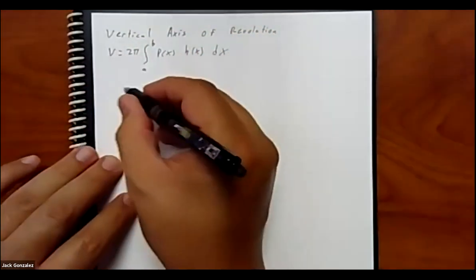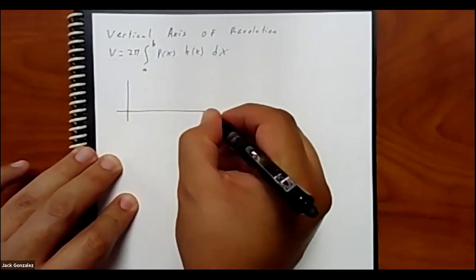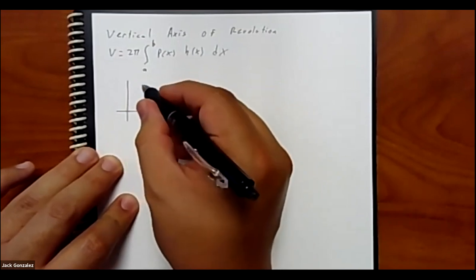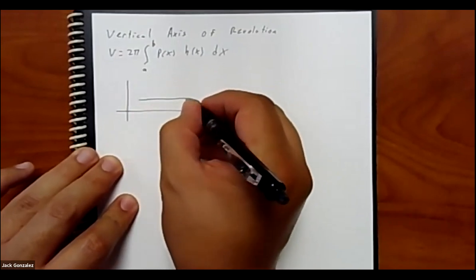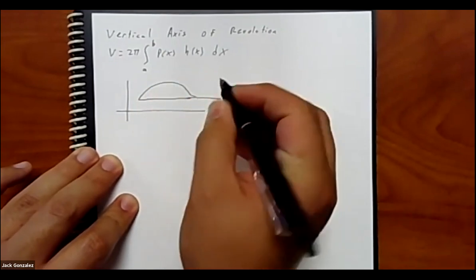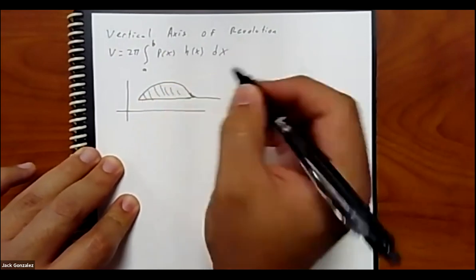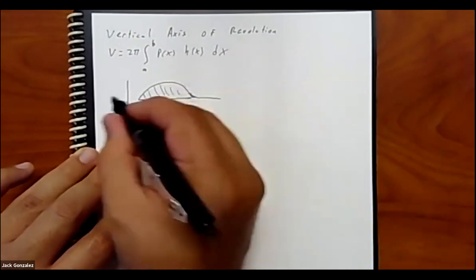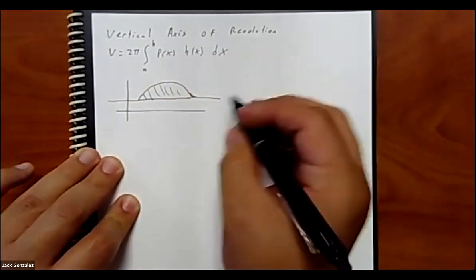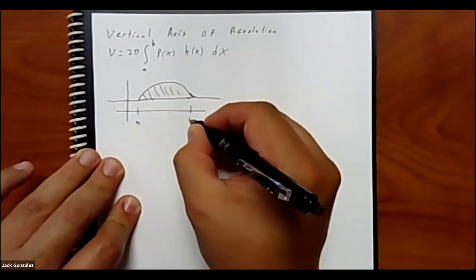For this one, the scenario looks like this. You have some section here, whatever. From a to b.